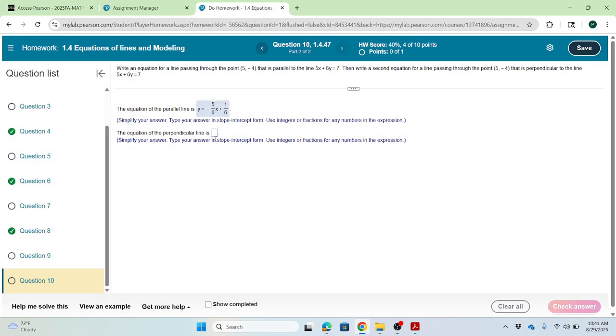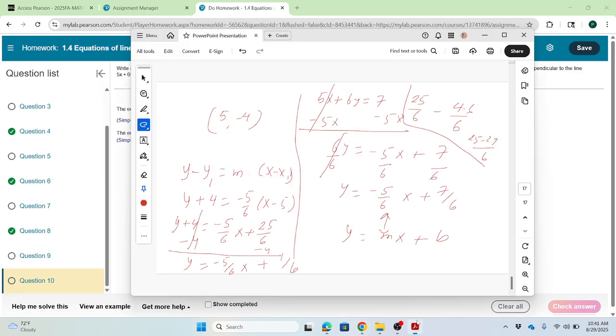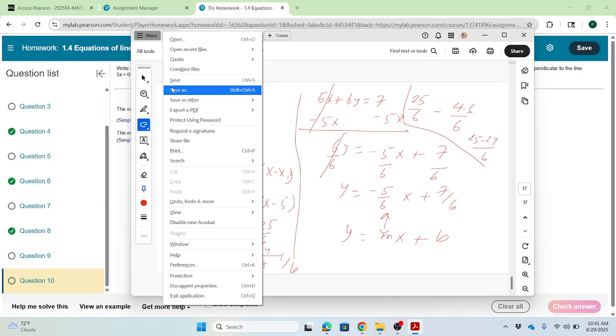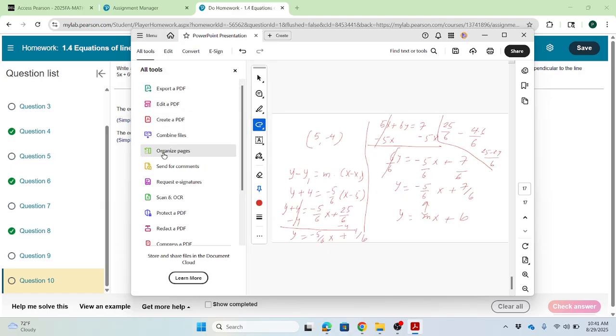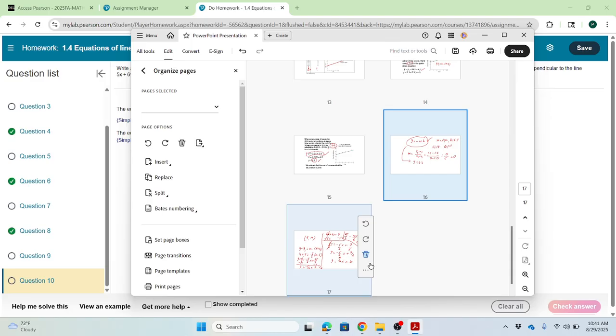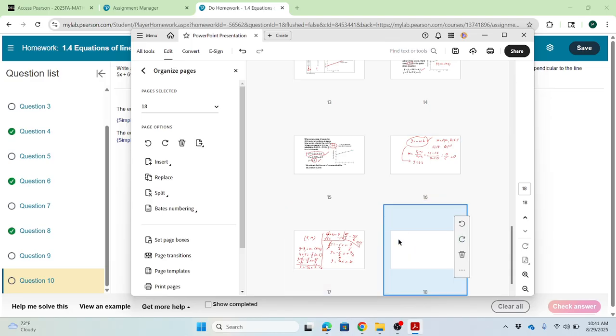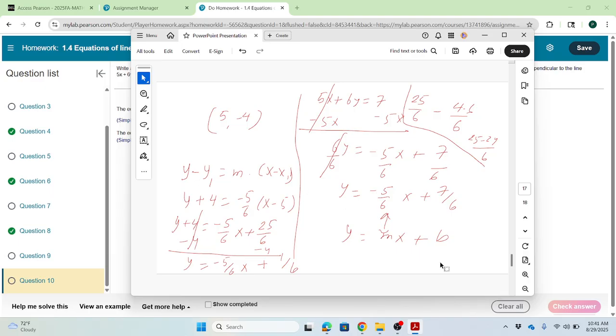Nice work. Now for finding the other equation, which is perpendicular to this line, you just have to find the slope, and then use the very same way I did this problem. We know the slope of the line is negative 5/6.